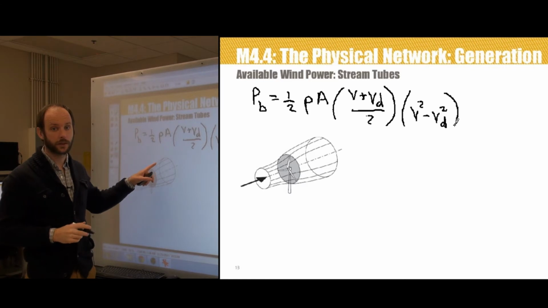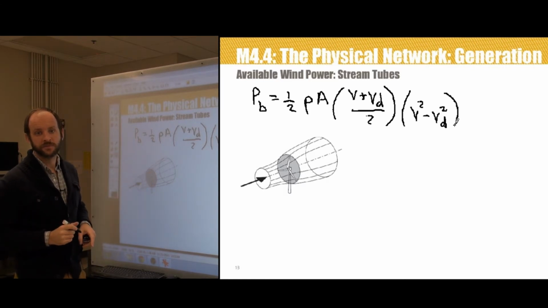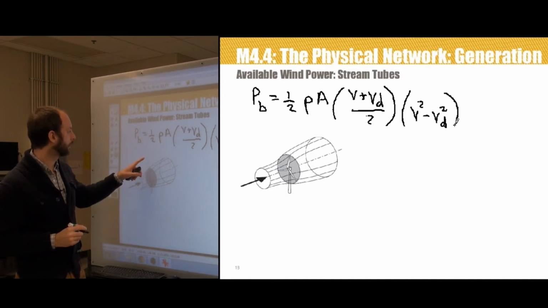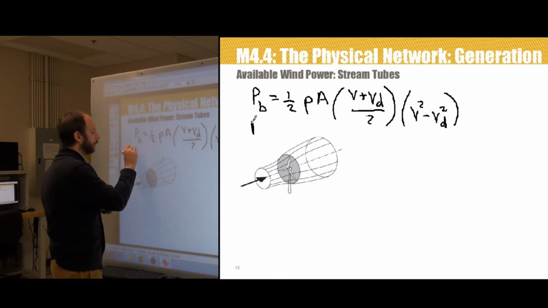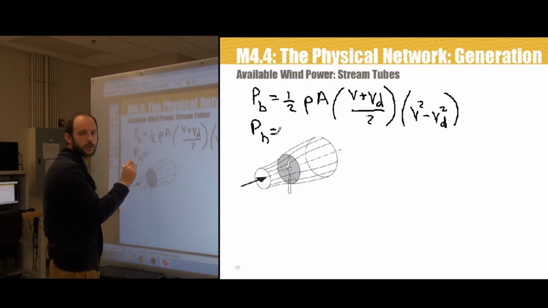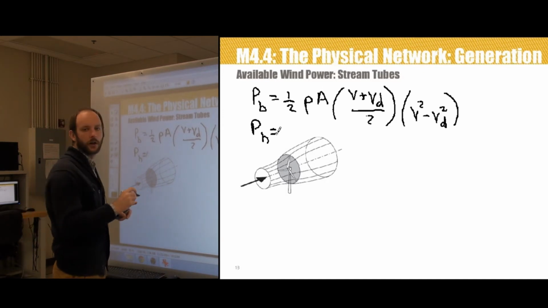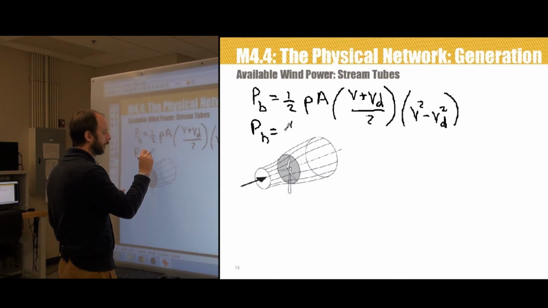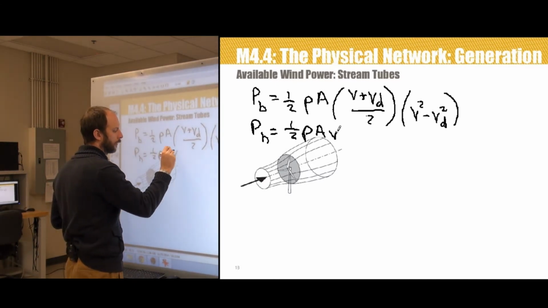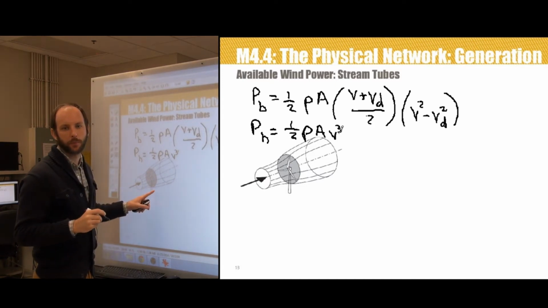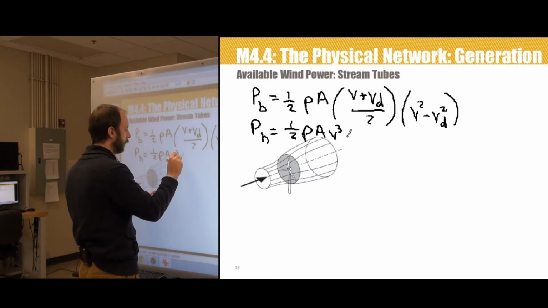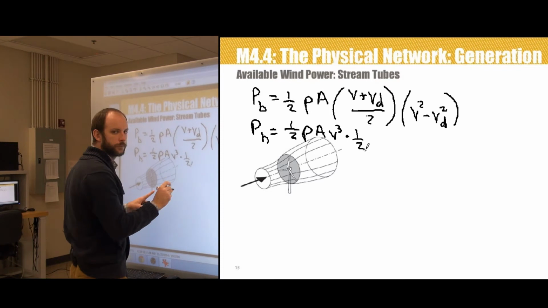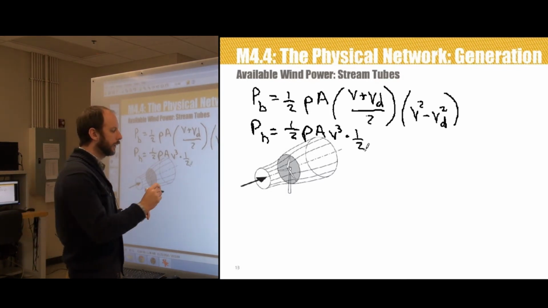So we can manipulate this. A little algebraic manipulation gives us 1/2 rho A V cubed, and we need to multiply that by 1/2 times 1 plus Vd over V.